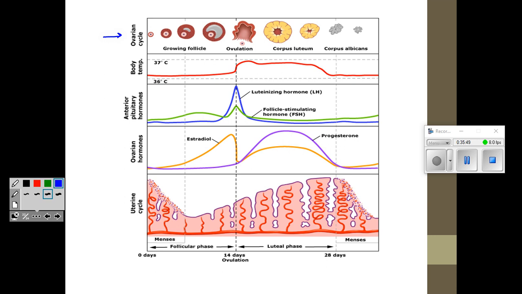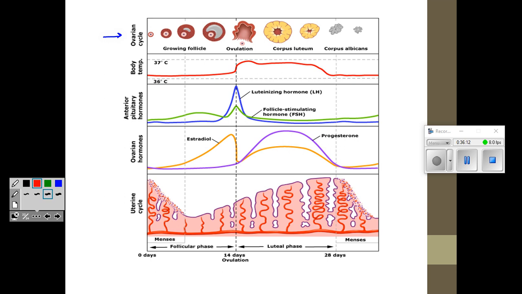If we look at anterior pituitary hormones, notice how the green line, which is FSH, spikes, but the blue line, LH, spikes even more when ovulation is happening. The green line increases in the first part of the cycle because it's the one that's stimulating the growth of the follicle.